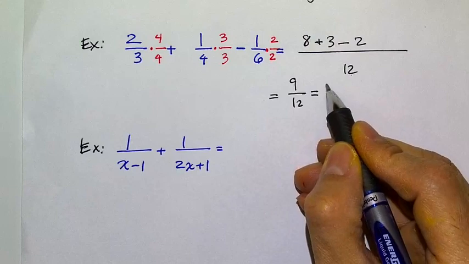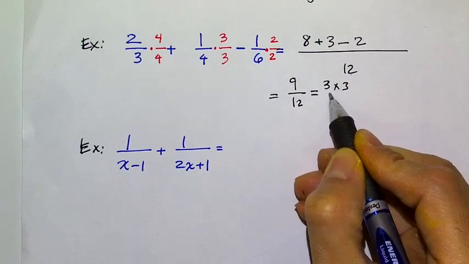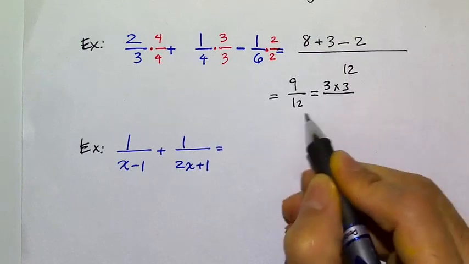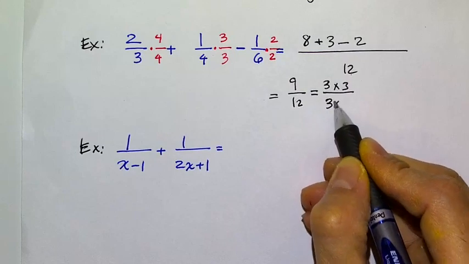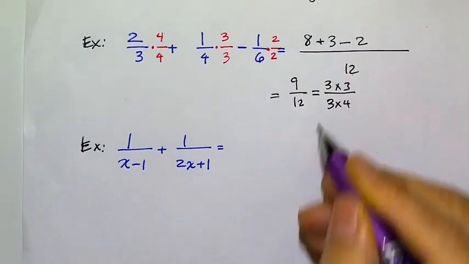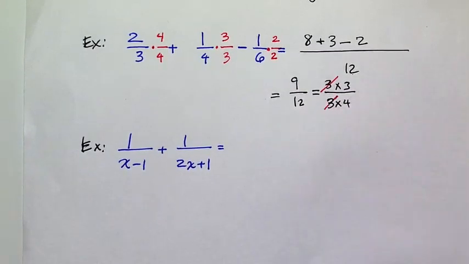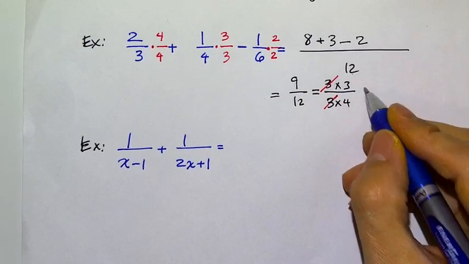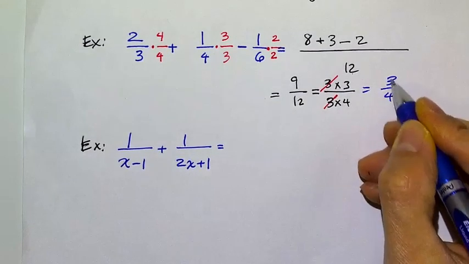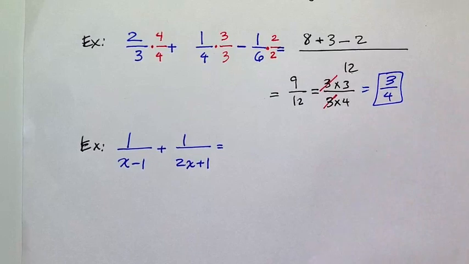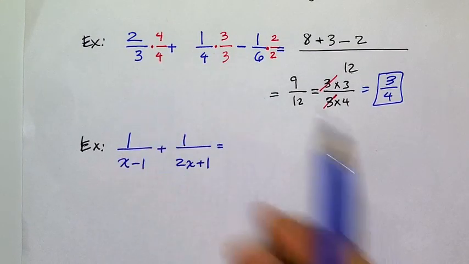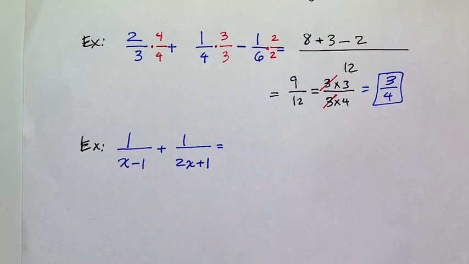So we know that 3 is 3 times 1, 9 is 3 times 3, 12 is 3 times 4. And so we would cancel these two, and we would end up with the final result of 3 over 4. Okay? This is what we typically did if we had three fractions like that.